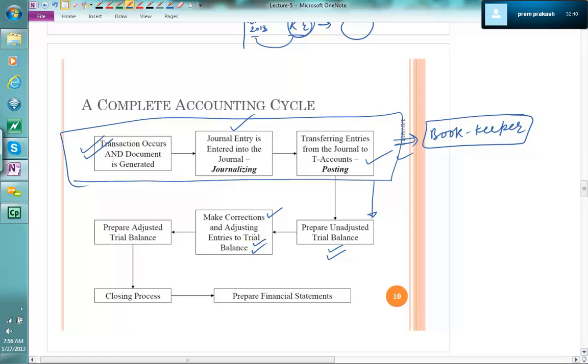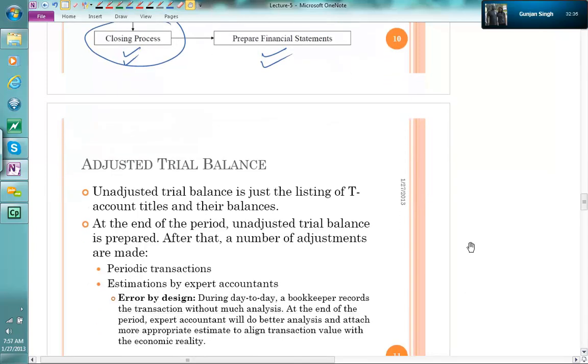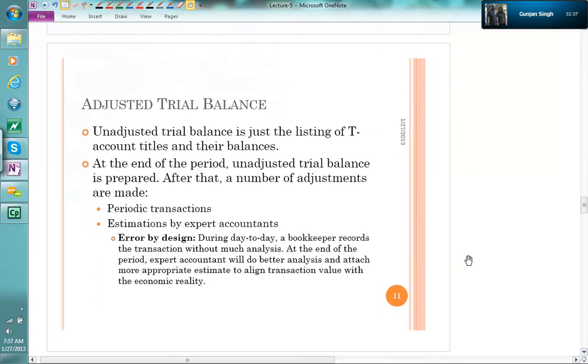Once these entries are made, we get the adjusted trial balance, and once the trial balance is adjusted, there is something called the closing process. We will talk about what we mean by adjusting, and once the closing process is complete, we prepare the financial statements.